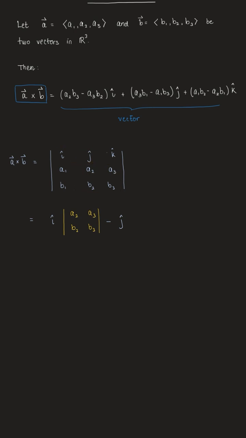Here we take J hat and isolate the row that contains J hat as well as the column that contains J hat, and we form the 2 by 2 determinant that's left. That will give us A1, A3, B1, and B3.